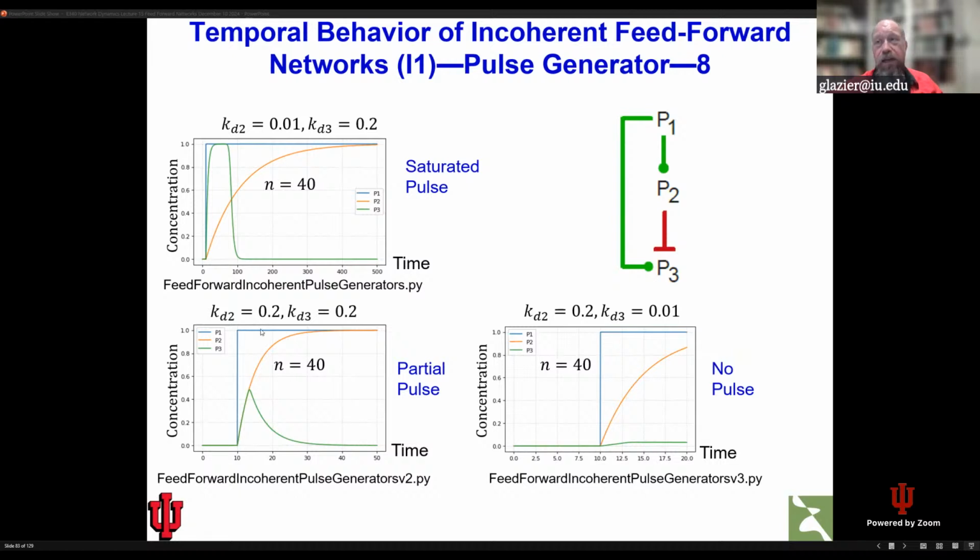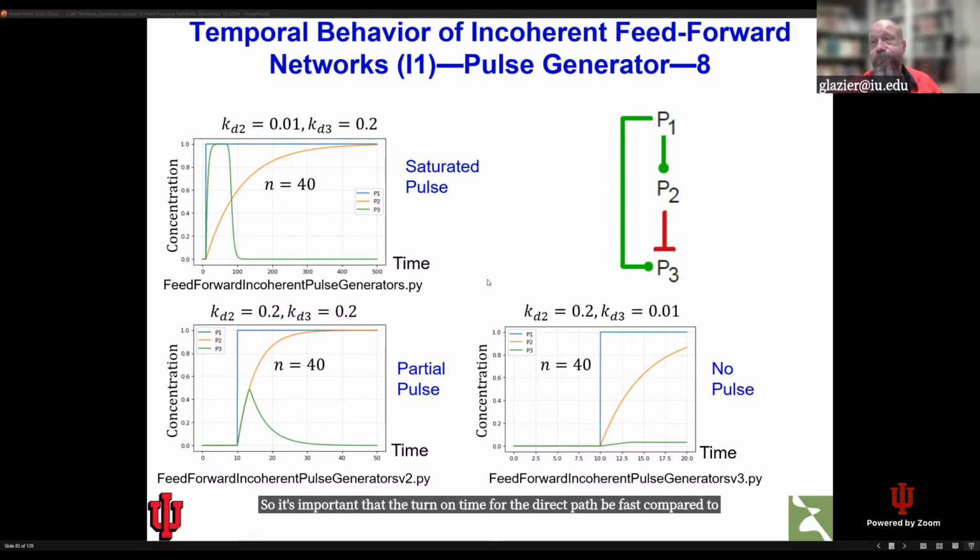And you can play games with the time scales. If the turn on time is comparable to the turn off time, then it doesn't do very much. You get a partial pulse or no pulse at all. So it's important that the turn on time for the direct path be fast compared to everything else.